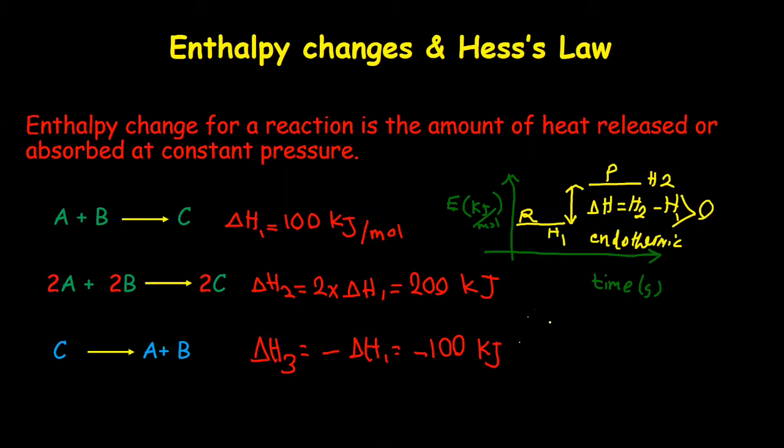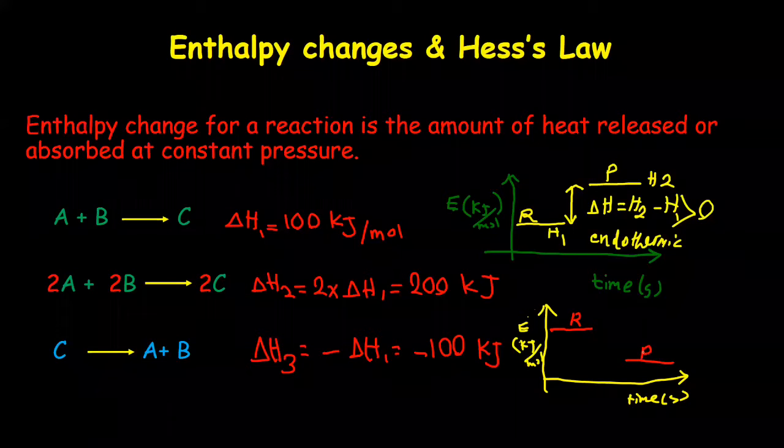Let's look at one exothermic reaction. For exothermic reaction, again, here is E, energy, kilojoule per mole, and here we have time, second. If this one is our reactant, this one should be our product.